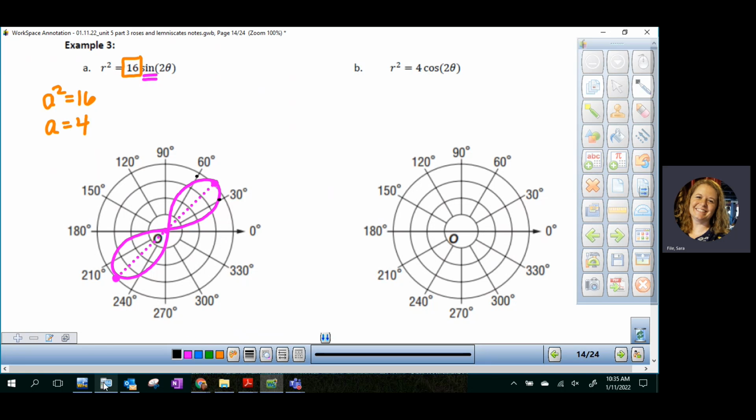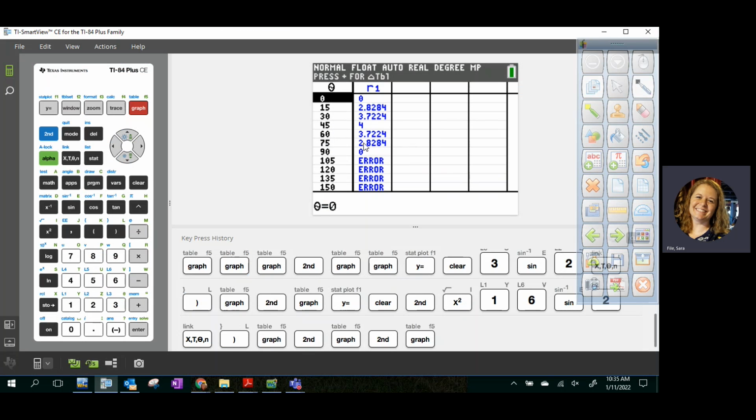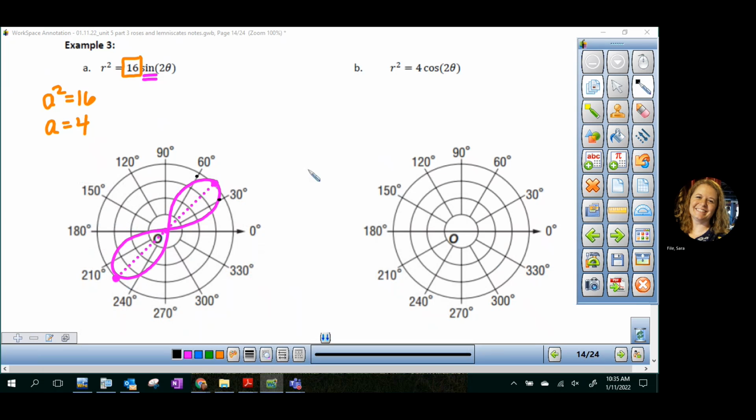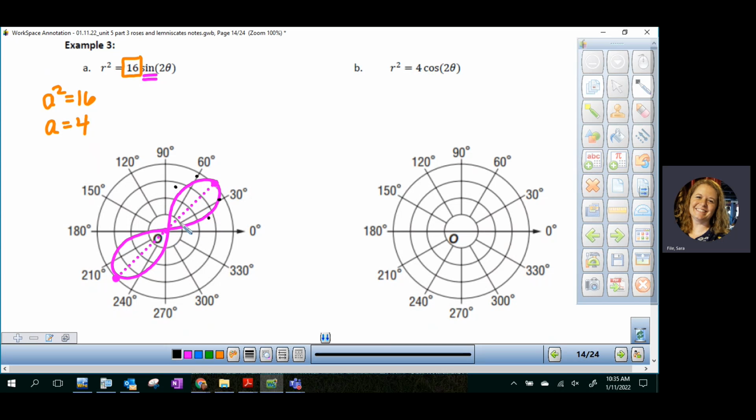And then at 15 and 75 it's at 2.8. That's not terrible. It should have been 2.8. So mine should have been just a little bit wider there. Do y'all see that? All right, but you get the idea.